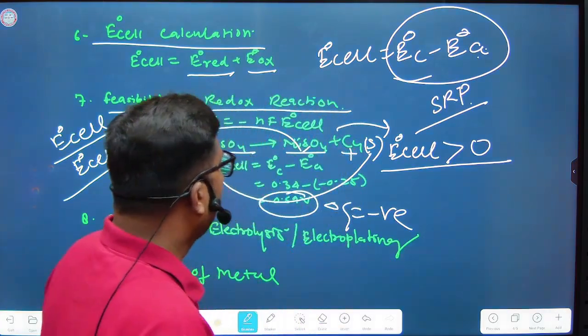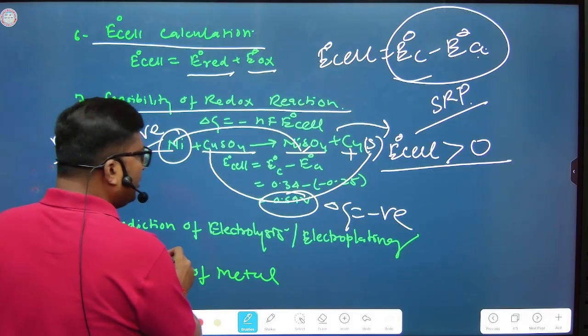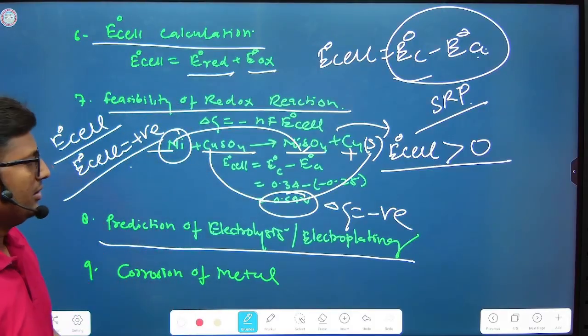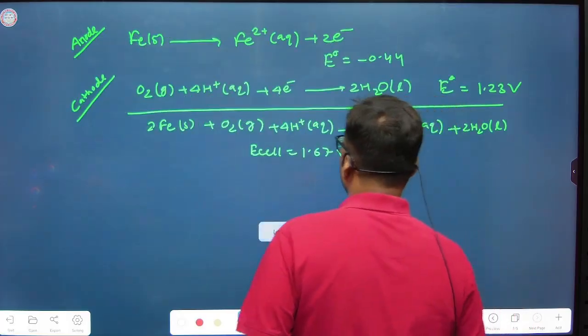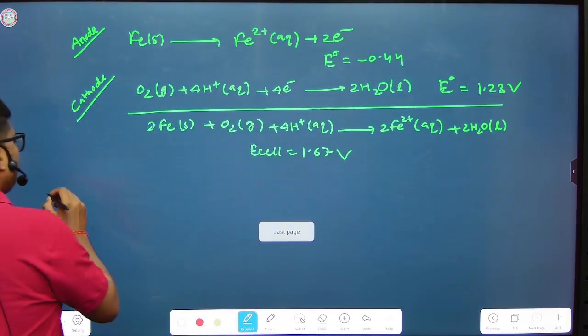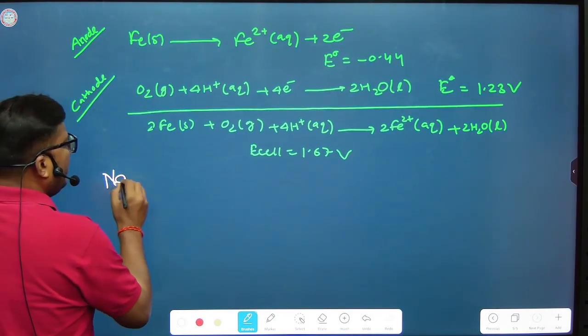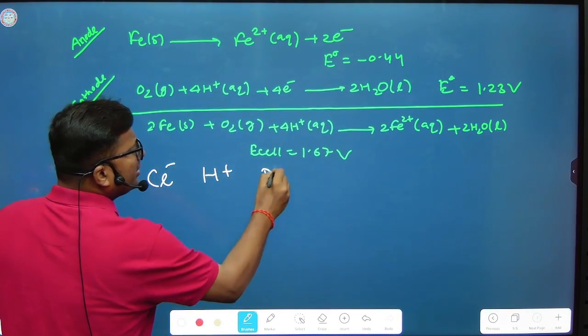Okay, now prediction of the electrolysis or electroplating. So suppose we have water. Water may contain Na plus, Cl minus, H plus, I minus, right?